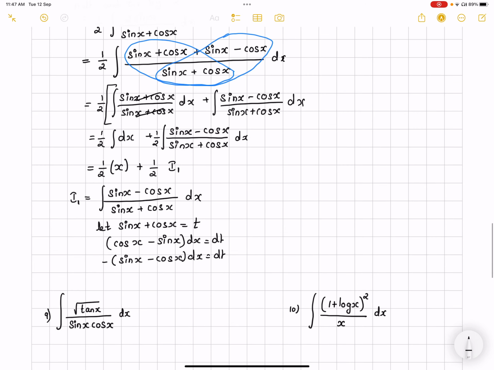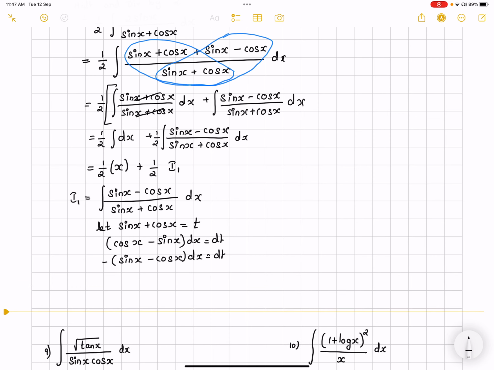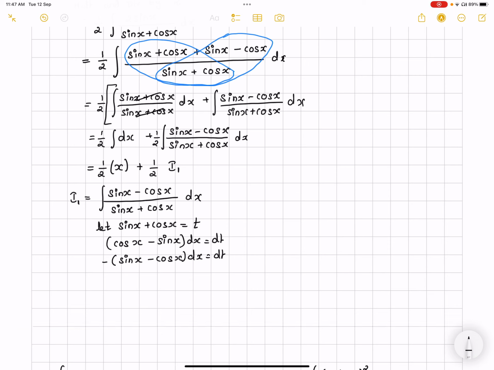Now the problem would be getting replaced as I1 is equal to minus dt by t, which is minus ln of mod t plus c. So what I would be having here is minus ln of t is going to be sin x plus cos x plus c.